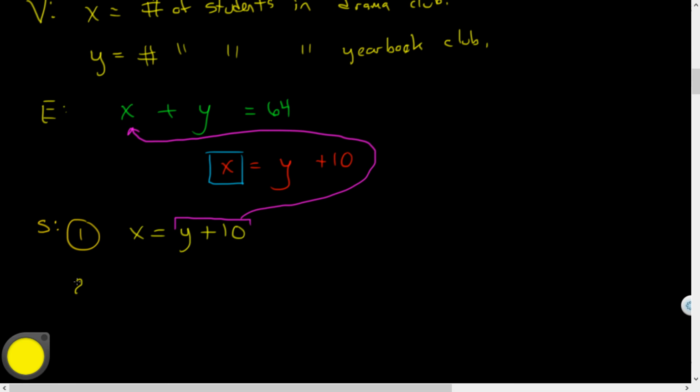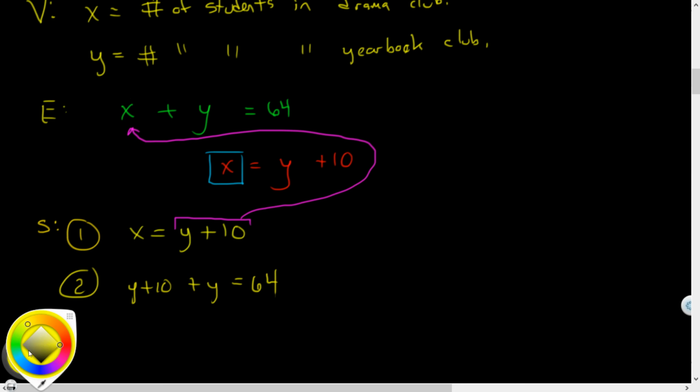I'm glad. So I do that substitution. I'll have y plus 10 in place of x. I don't technically need the parentheses because this x wasn't being multiplied by something. So I don't need the parentheses there. Plus y equals 64. So now let's solve. Combine like terms.